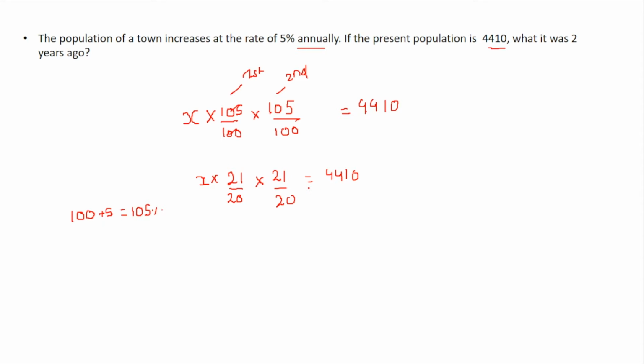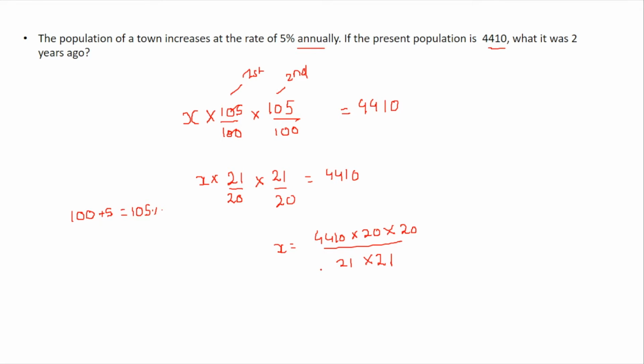Now you can simply solve this. You have to multiply 4410 by 20 into 20, and then divide it by 21 and 21. So X will be 4410 into 20 into 20 upon 21 by 21.